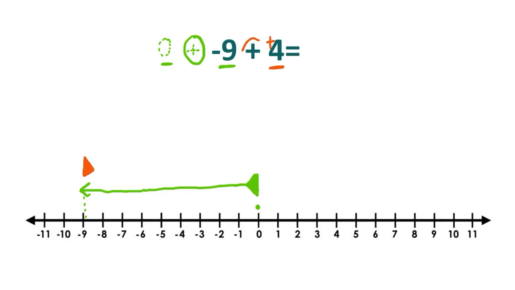But my operation is going to determine if I'm moving forwards or backwards. Because it is plus, I'm going to walk forwards 4 steps. 1, 2, 3, 4. And I land at -5. And that is my final end point.